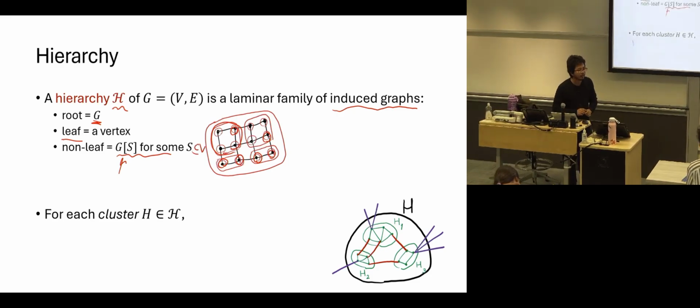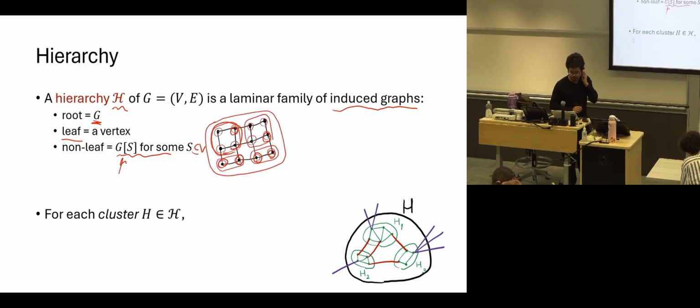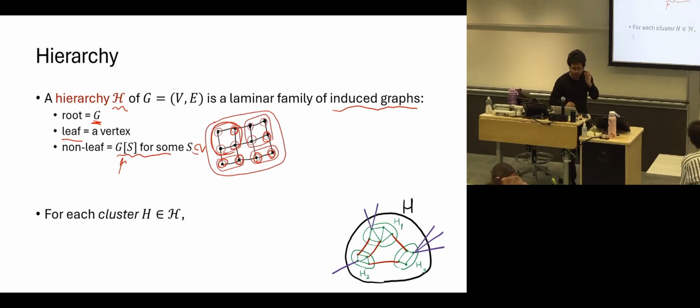So the root is induced by the whole vertex set, the leaf is induced by a single node, and this is induced by some vertex set. This is a non-leaf cluster, this is a leaf cluster, this is a root cluster.